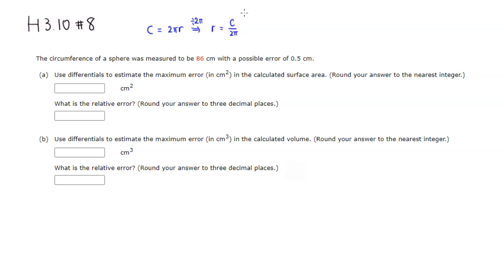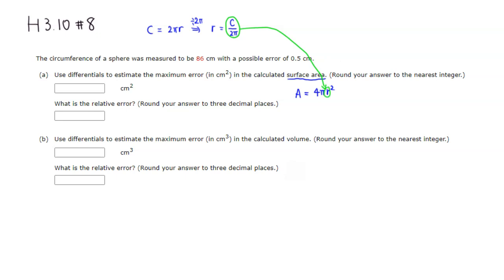Then we are looking for the differential to estimate the maximal error in calculating surface area. The surface area A of a sphere is 4 pi r squared. If you write it in terms of the circumference, all you have to do is plug in c over 2 pi for r.